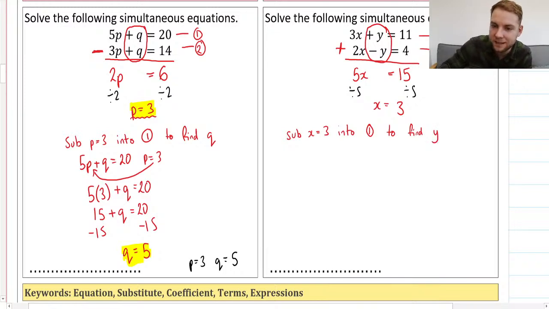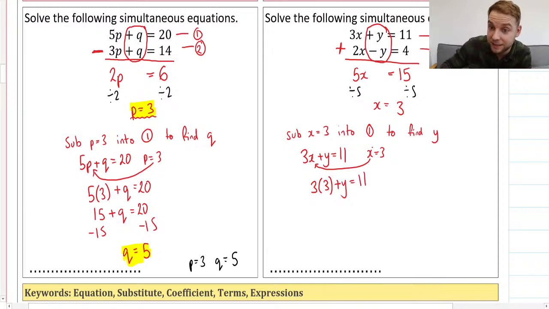So the equation 1 is 3x plus y is equal to 11. And I know that x is equal to 3. So I'm putting this into here. Now 3x means 3 times x. And I know that x is 3. So it's going to be 3 times 3 plus y is equal to 11.